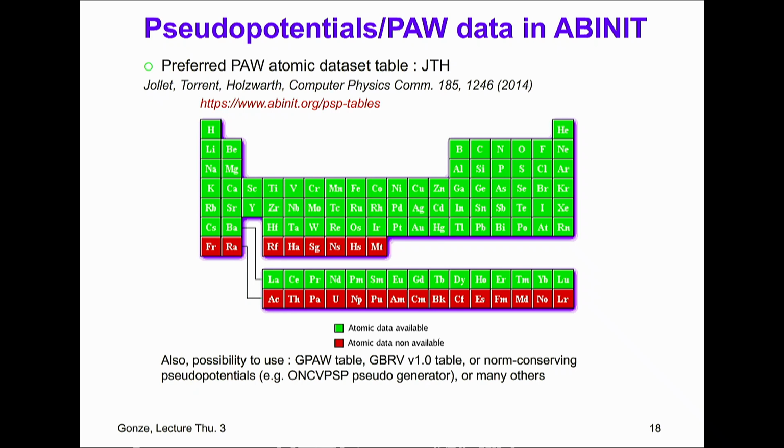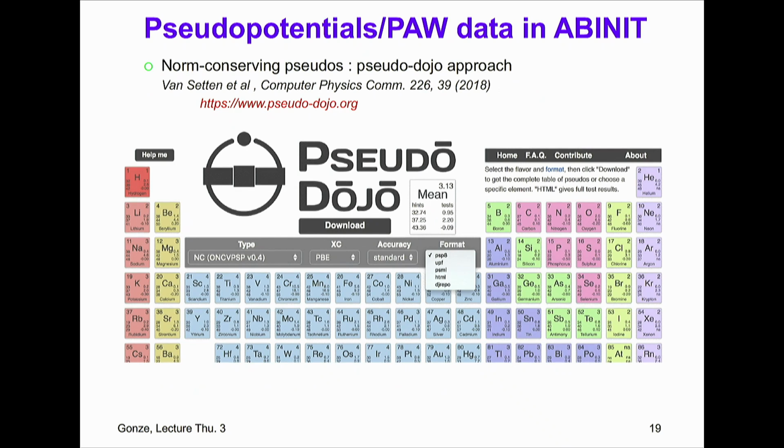This is an example taken from the website of ABINIT, the GTH table that has been thoroughly tested and used in many calculations. So it is quite safe. And this is, for the norm-conserving case, the so-called pseudo-dojo table that is a very recent product, and that has some nice features.